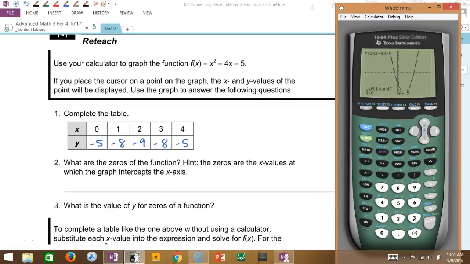Now down on the bottom left of the screen, it's asking us a question. It says left bound. So it's asking us to go to the left of the 0. Thinking graphically, to the left means less than.